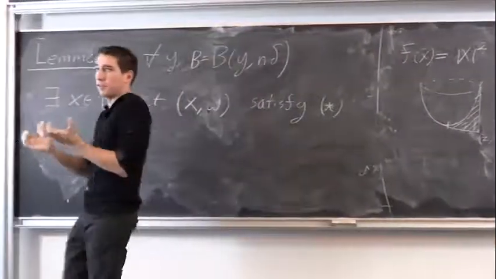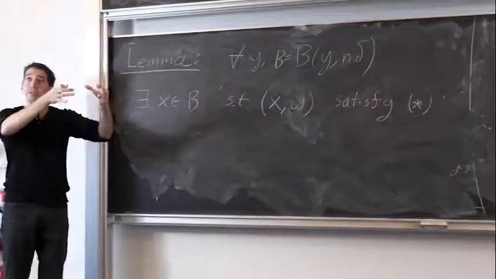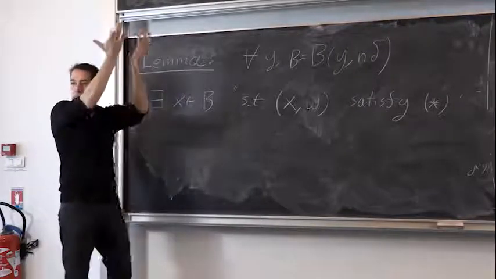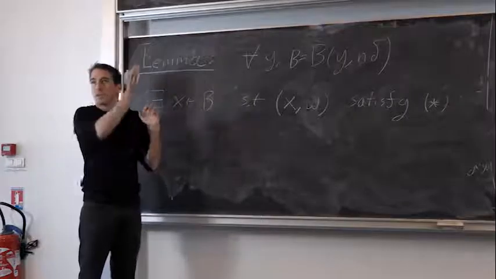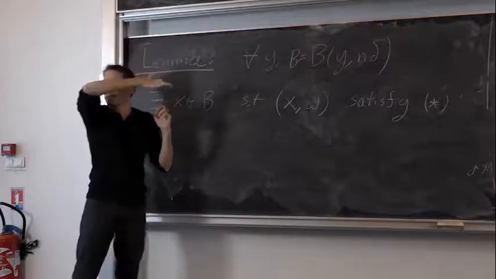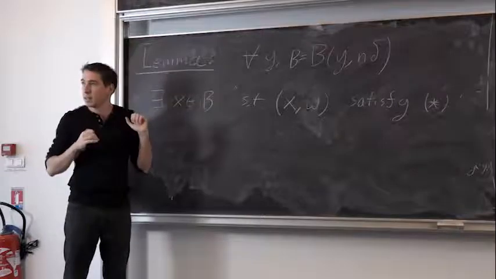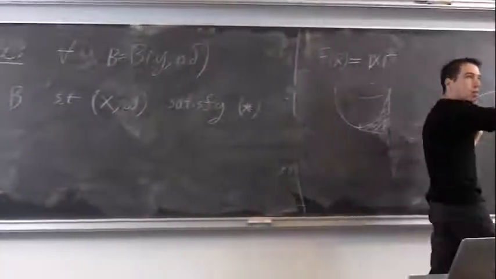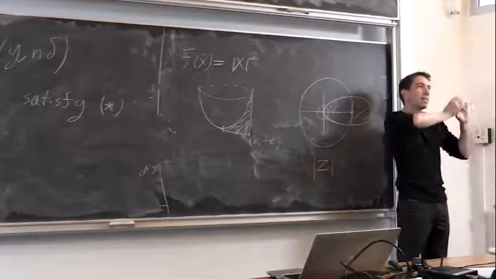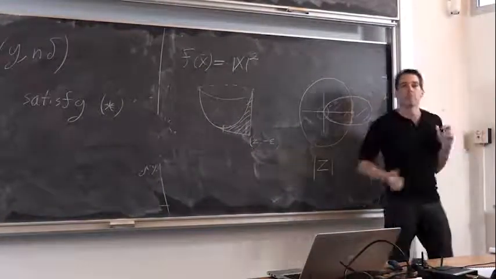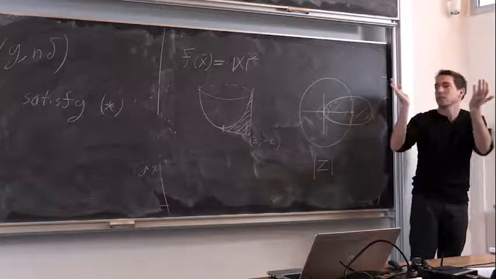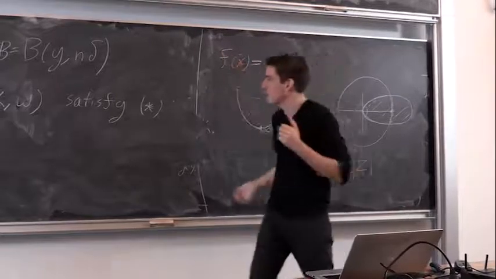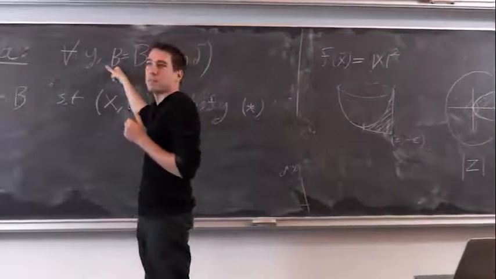So what I want to say is the following. For every ball that I take, let's look at the surface of the function above this ball. The gradients are pointing in many directions. But there is some direction where a good proportion of the gradients are not so far from this direction. It could be that the gradient is turning as I vary my point in this ball.